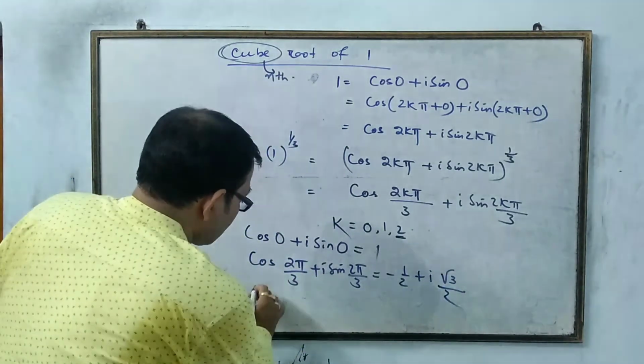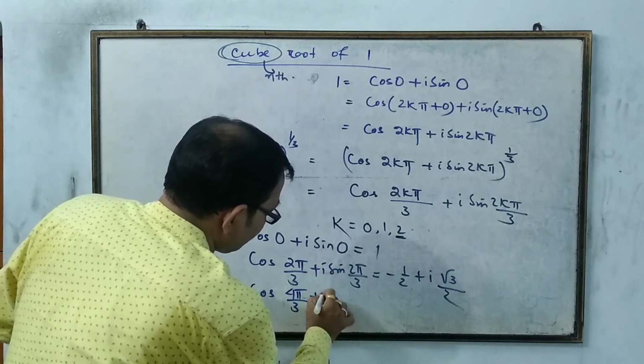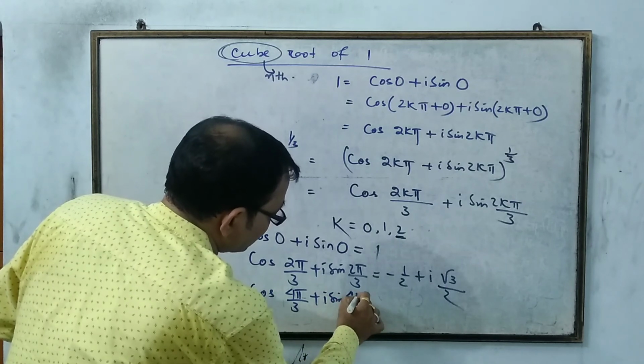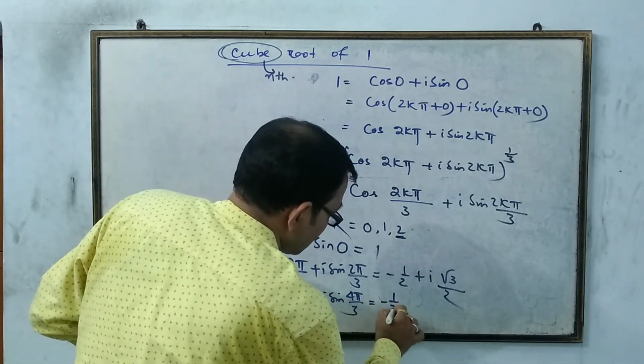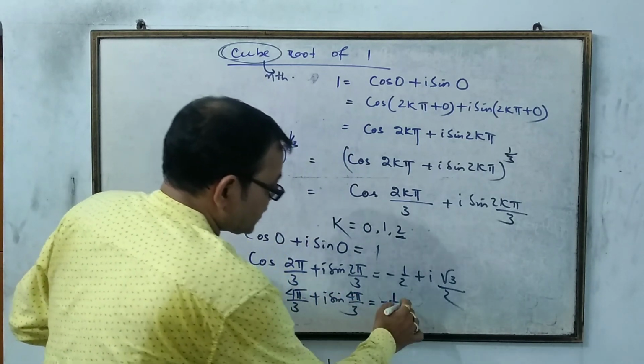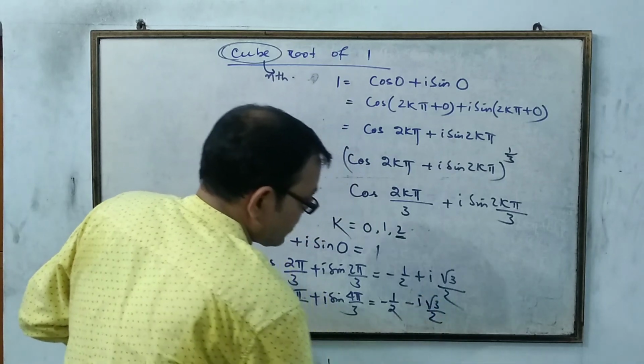Then cos 4 pi by 3 plus I sin 4 pi by 3. I can write its value as minus a half, and sin 4 pi by 3, sin 240, is minus I root 3 by 2.